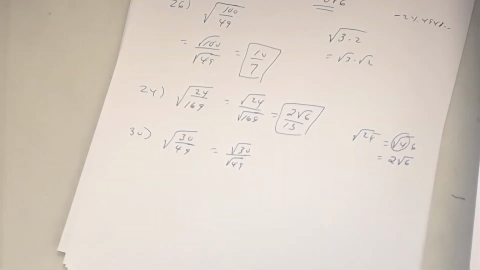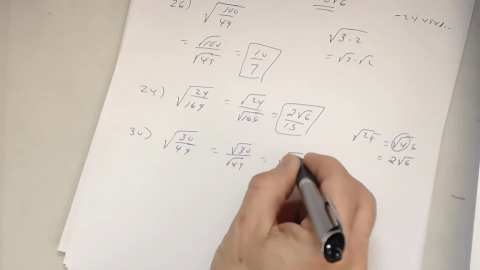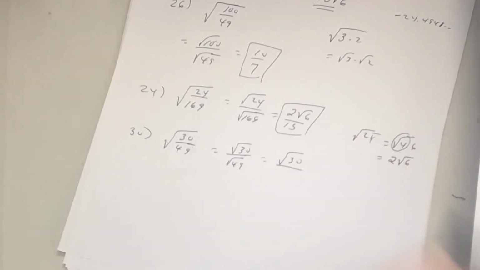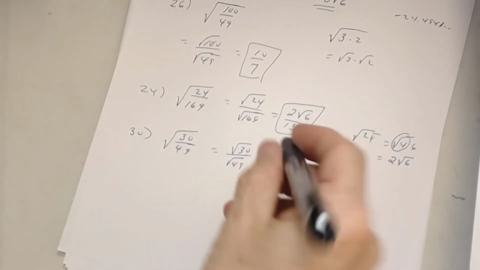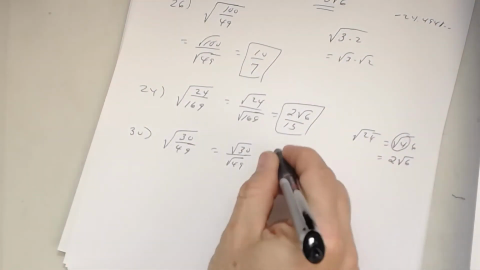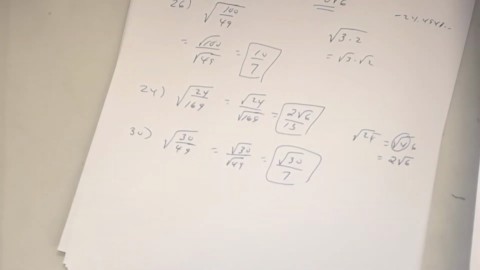Is there a perfect square other than one that goes into 30? No. So the numerator is going to stay what? Square root of 30. Can I simplify the square root of 49? Yep, it's just what? 7. So that's your answer. Square root of 30 divided by 7. It is not difficult.